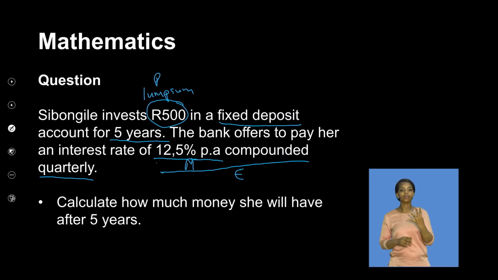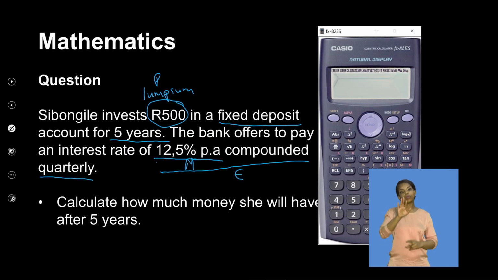Now, if we look at the calculations for this, I have 12.5, and I will divide this by 4, which will then give me roughly that amount that I have there, right? And you know that this will roughly be 4 something.